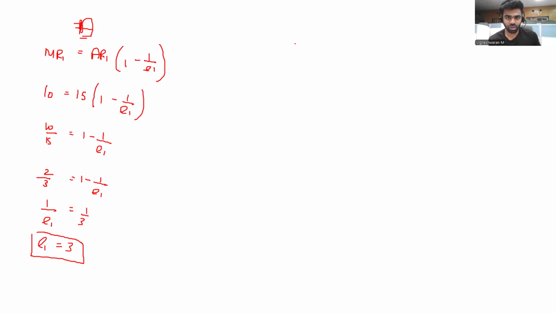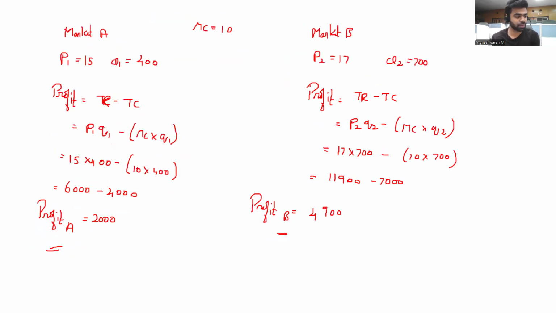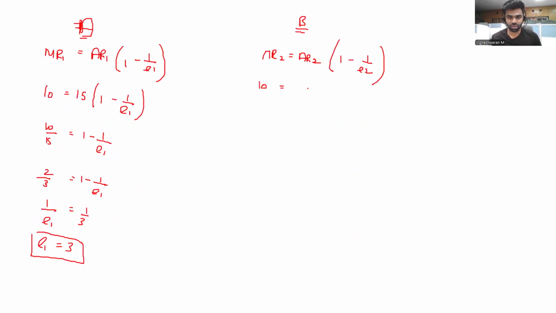Next, for market B, MR2 is equal to AR2 into 1 minus 1 by E2. MR2 is 10. AR2 is the price in market B, 17. So 10 is equal to 17 into 1 minus 1 by E2.